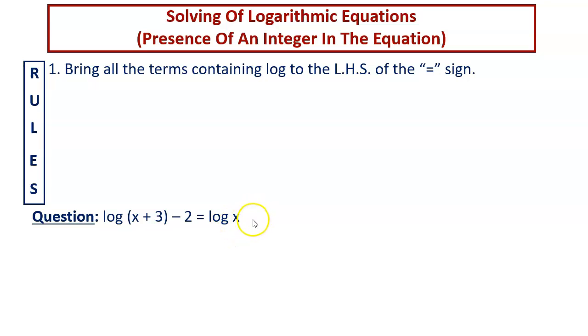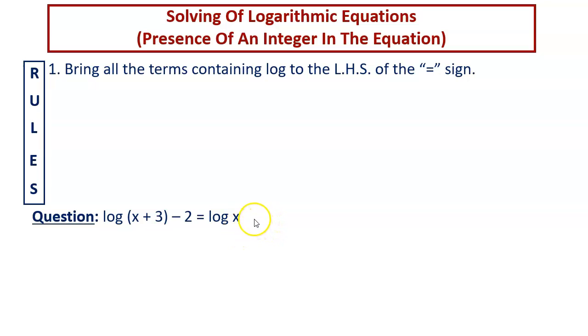Okay? And since we do not have the plus 1 part in this equation, the right-hand side will become equal to 0. But if we had log of x plus 1, then it would have been equal to 1. The right-hand side would have been equal to 1 if there was a plus 1 on the right-hand side. Okay?